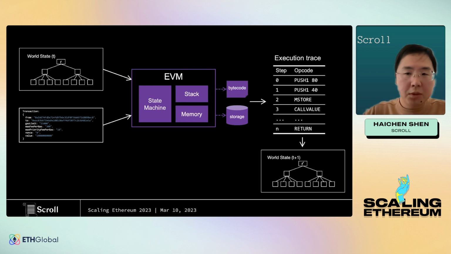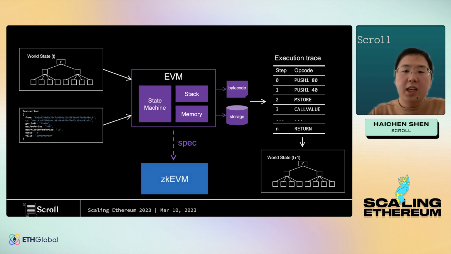For example, it will do a push, then some push, then some mstore, mload, then load some call data from the transaction and execute specific logic from the smart contract. That finally ends up modifying some data in the storage and in the state account tree, which generates a new world state.